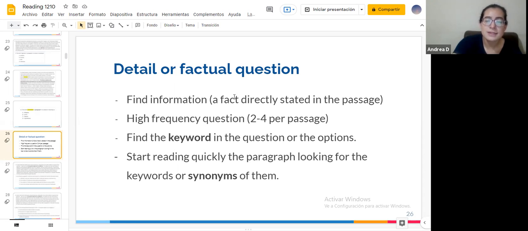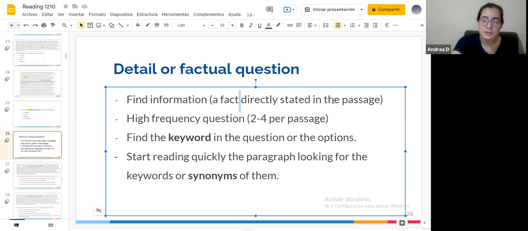It's something that's directly stated in the passage, in a portion of the passage, okay? So you don't even have to summarize anything. It's a high frequency question. That's why it's important. You can have from 2 to 4 per passage. And everything comes down to finding keywords, paraphrasing, and narrowing down your information, okay? I'll tell you what that means in a bit.